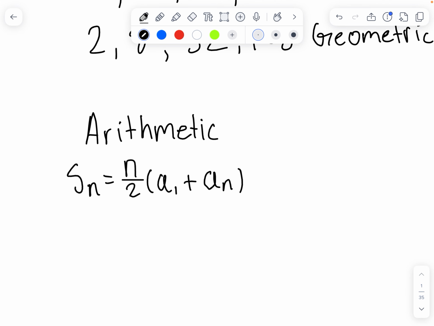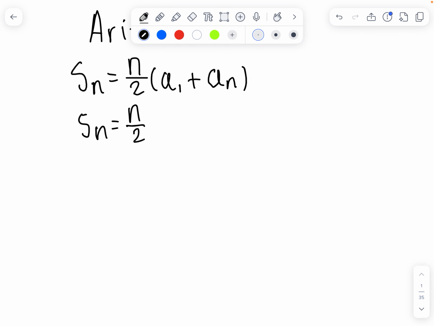And then there's one more, I'm trying to remember. Sn equals, it's still n over 2, times, sorry, not plus, times 2 times the first term plus the common difference times n minus 1.